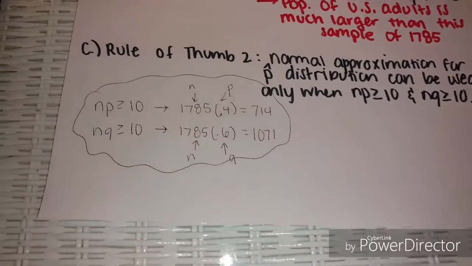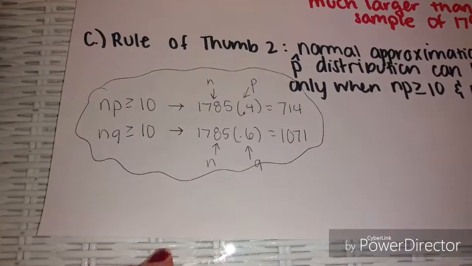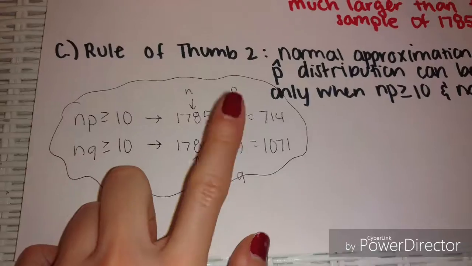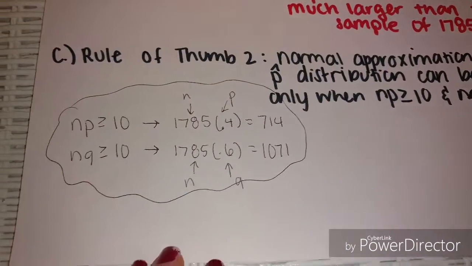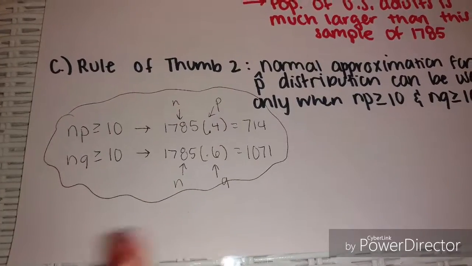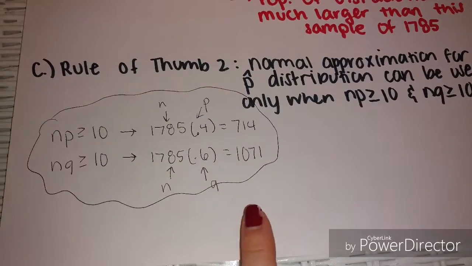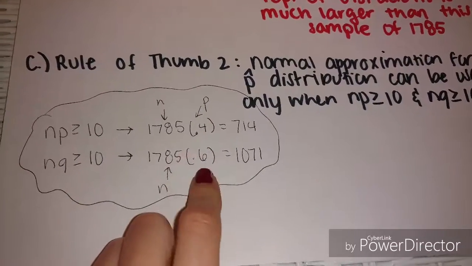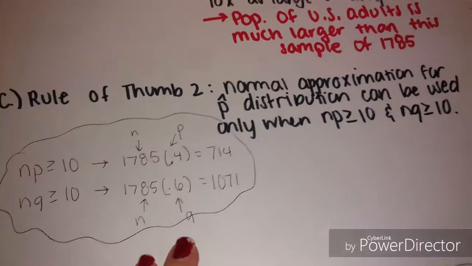So, plugging in the information we figured out before, this is our n and this is our p, our 40%, that equals 714, and n times q is also greater than 10. And this is our 1 minus our p again.